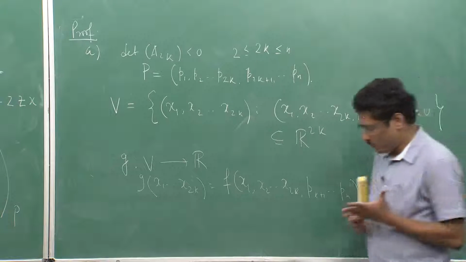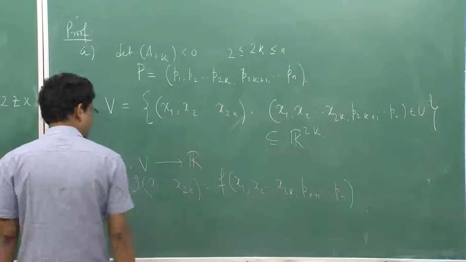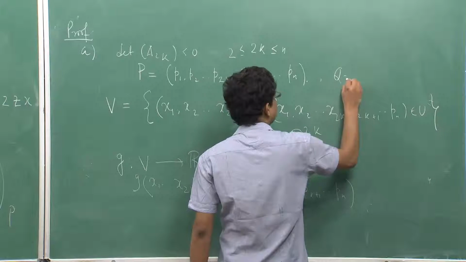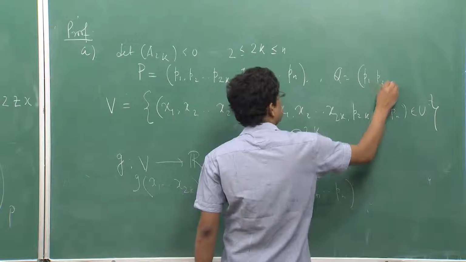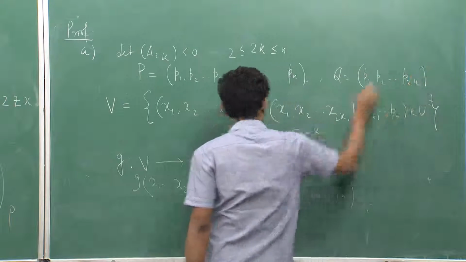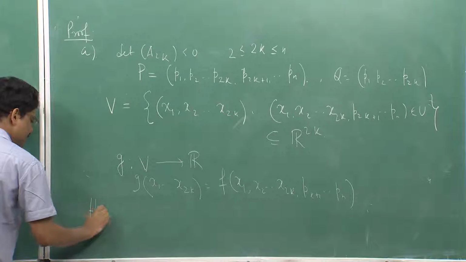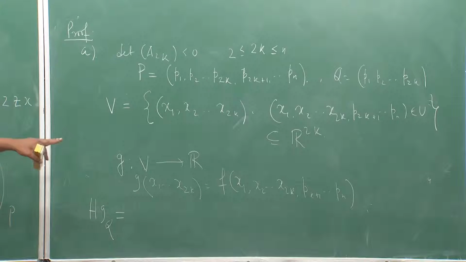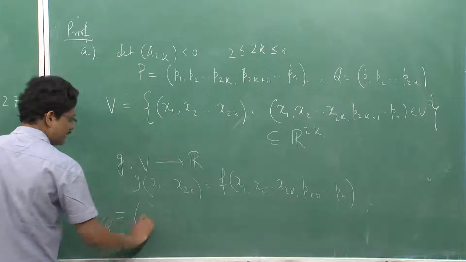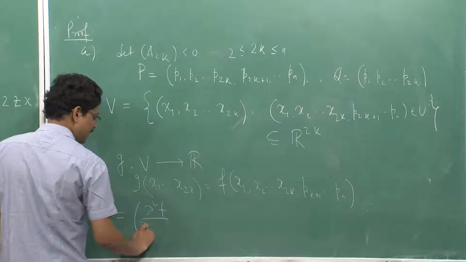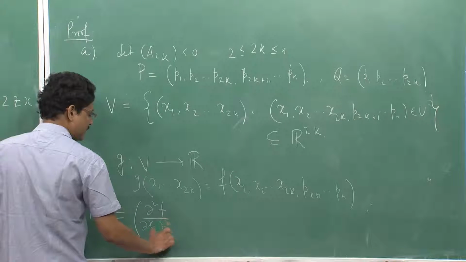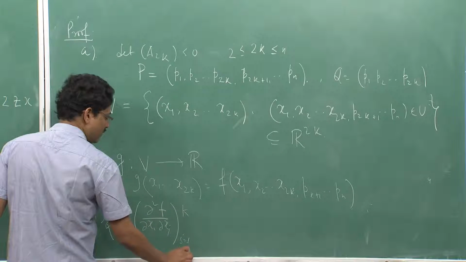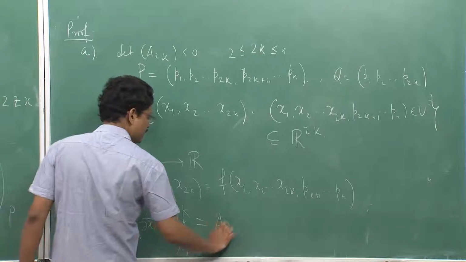Then let Q be this point, and you calculate Hg at Q. Since the p2k+1 to pn are fixed, this is del square f del xi del xj, i from 1 to 2k, j from 1 to 2k, which is A2k.